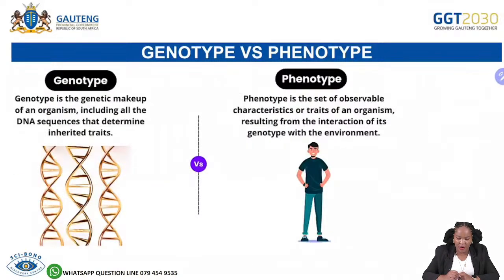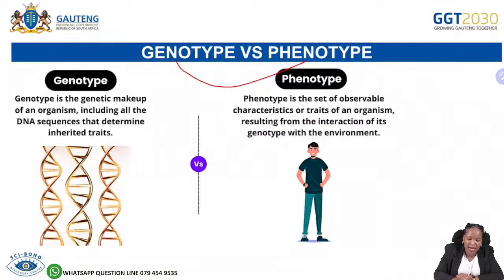Moving on to the second concept, genotype and phenotype. What do we mean by genotype? Genotype, the name genotype, you see, has the genes. Can you see the genes with your naked eyes? No. Genotype is the genetic makeup of an organism, including all the DNA sequences that determine inherited traits.